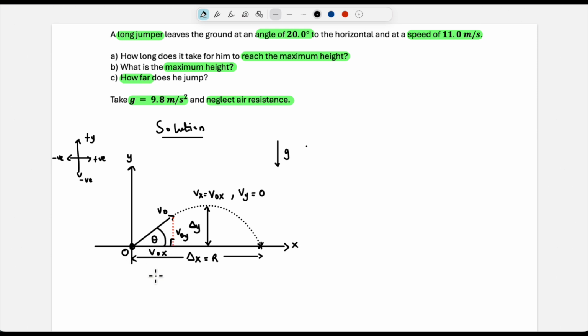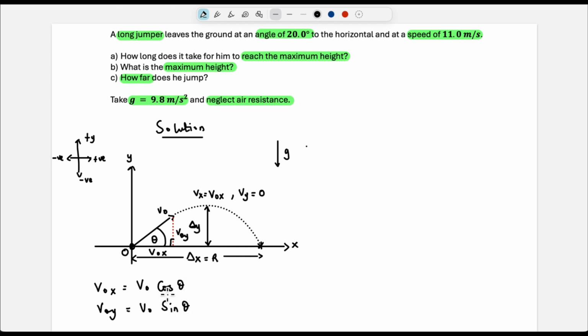Applying SOHCAHTOA, we can find V0x, the initial horizontal speed of this motion, to be V0x equals the hypotenuse, which is V0, times cosine of the angle theta. In the same sense, we can find the vertical component of the initial speed, which would be V0y equals V0 sine of the angle theta.